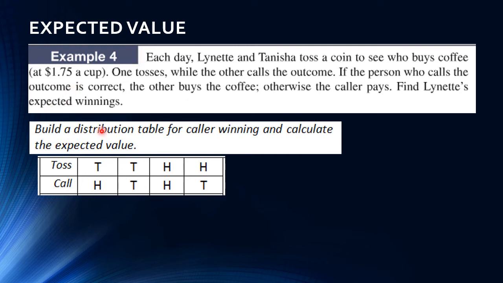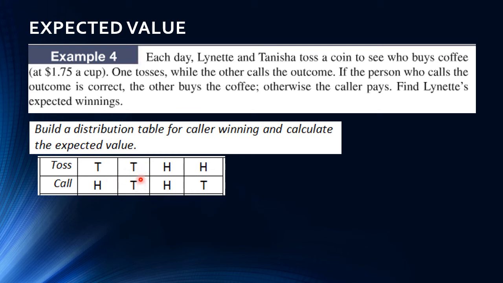Find Lynette's expected winnings, okay? So let's assume Lynette is the caller. So the caller wins a cup of coffee, $1.75, if they match the call. So in this first case, the caller doesn't match, so they're actually going to lose $1.75, so this would be negative 1.75.